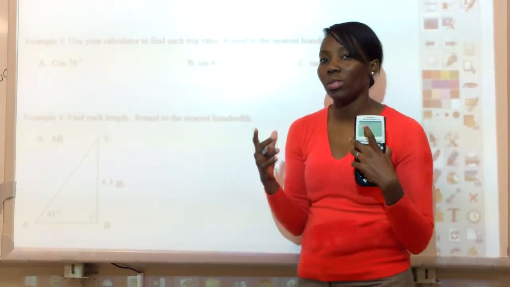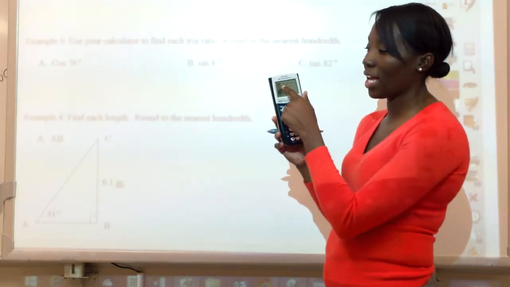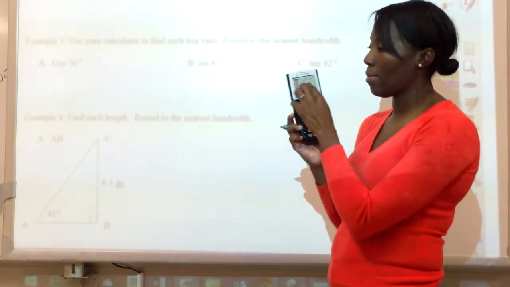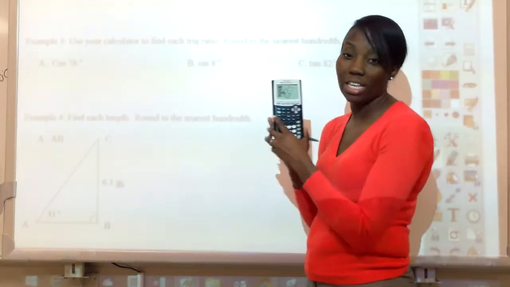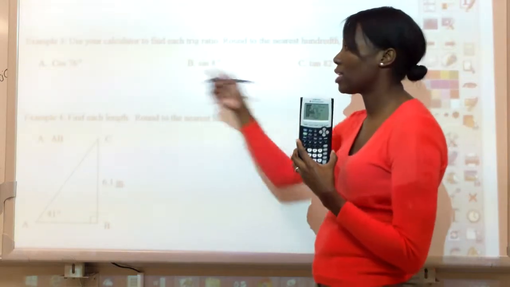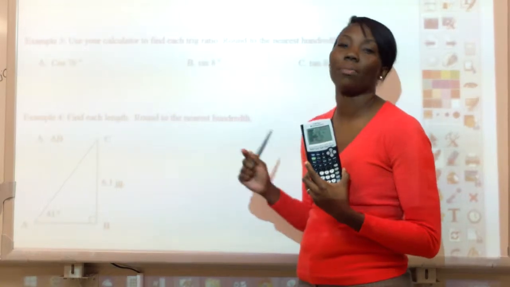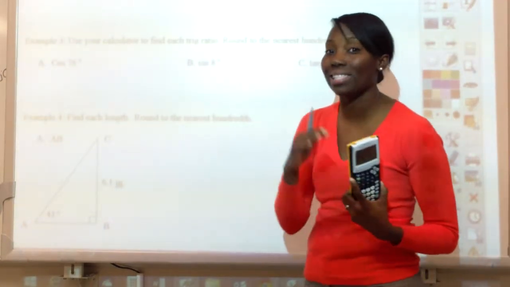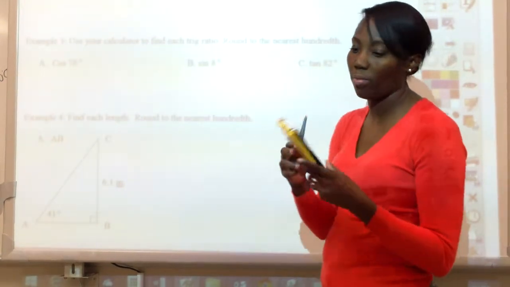If you don't want to do that, you can also go to mode and just change your calculator out of radians mode to degree mode, which is the third line. You will come down, arrow over, and press enter and turn it to degree mode. And so then you wouldn't have to put that 76 degrees in. If you don't put that degree symbol, your calculator is going to calculate that cosine 76 in radians mode. So if you put the degree symbol, it calculates it in degree mode.